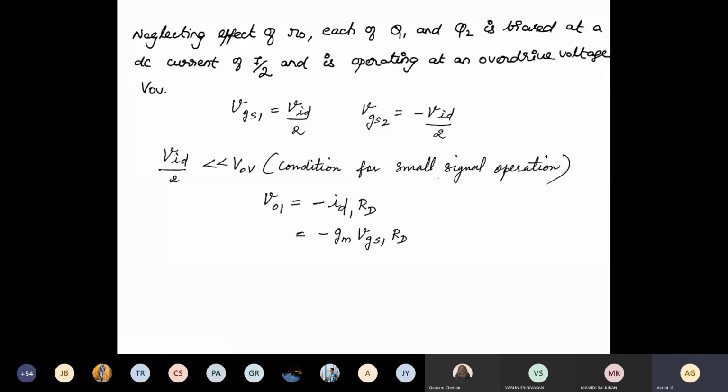The output voltage is calculated as the current into resistance. This current is flowing in the negative direction, so we give this minus sign. This ID1 is now replaced with GM into VGS1. Similarly, V02 is again minus ID2 into RD, and we replace this ID2 with GM into VGS2.